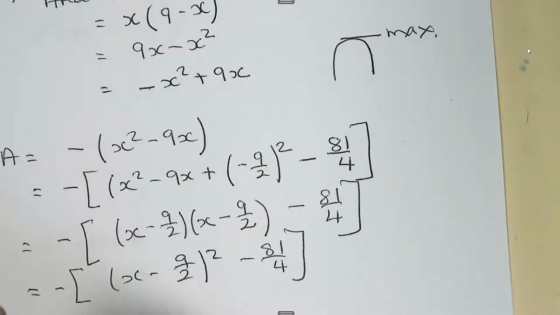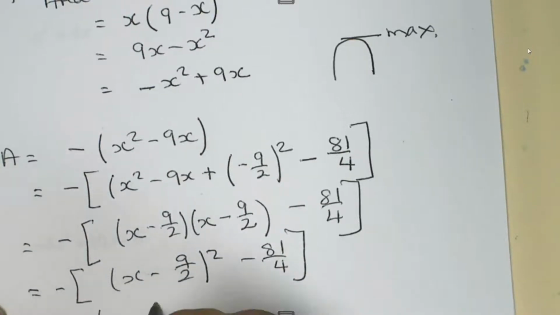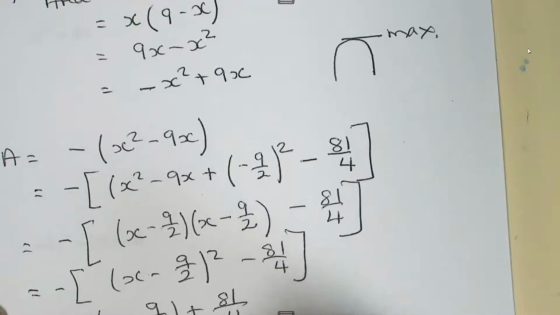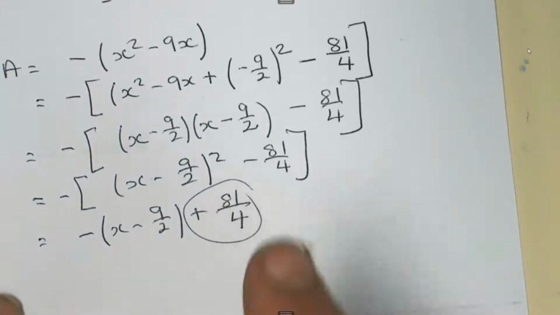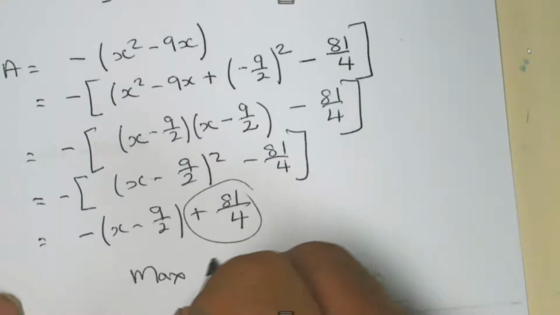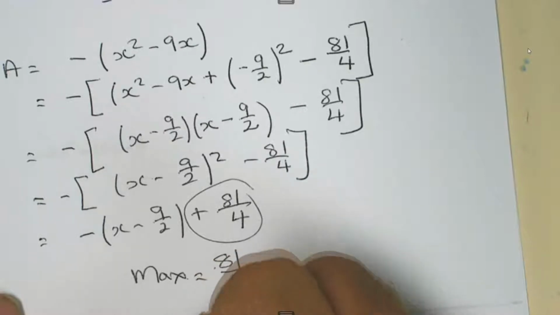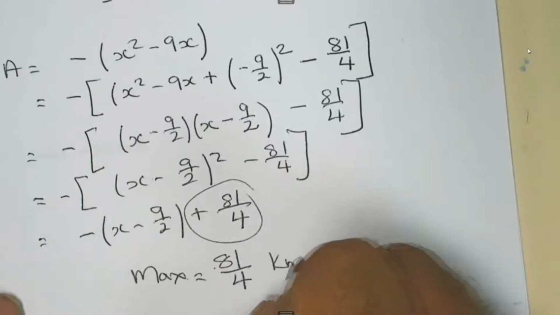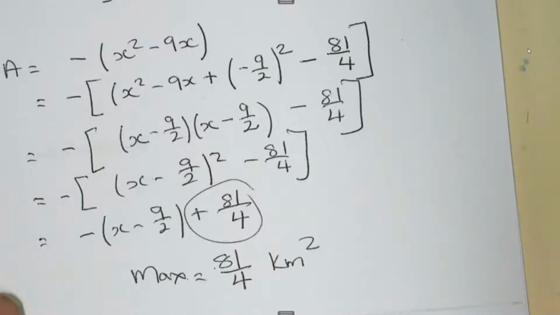And a negative times that is negative bracket x minus 9 over 2 squared, and negative negative is plus 81 over 4. Now this value here will be your maximum. What is the largest rectangular area that can be enclosed? So the maximum is 81 over 4 kilometers squared. That's the maximum area that can be enclosed with the given dimensions.